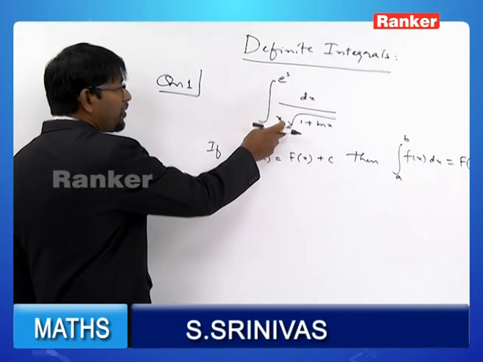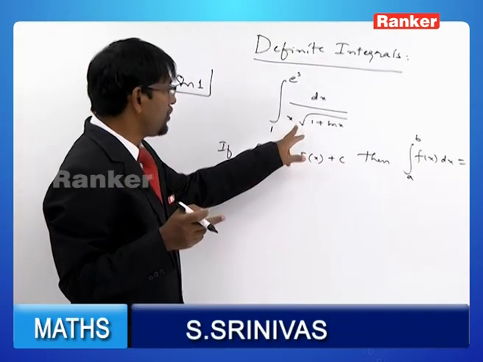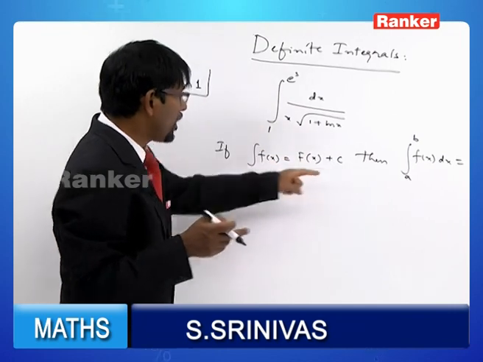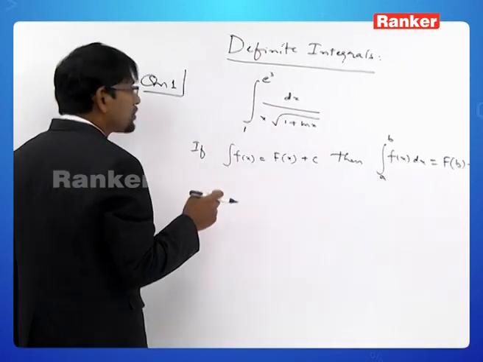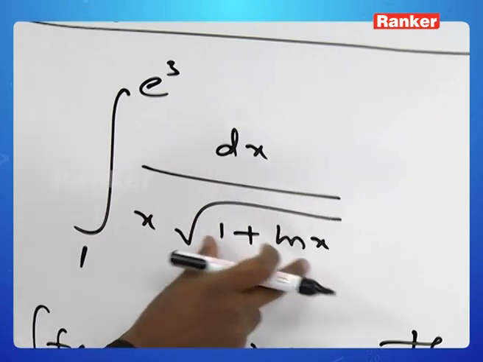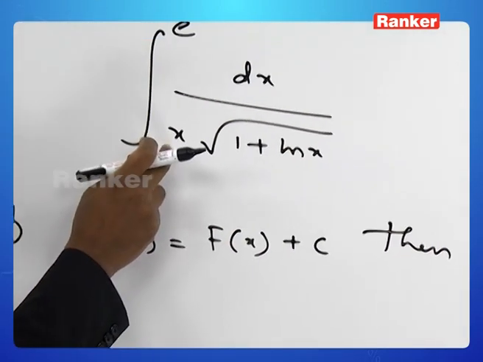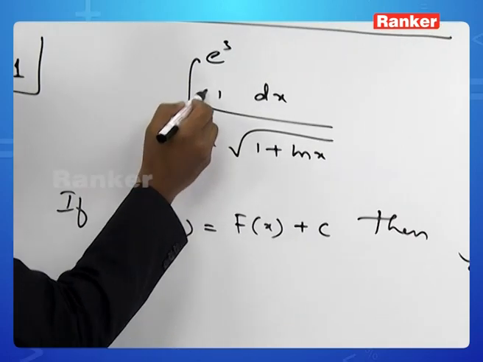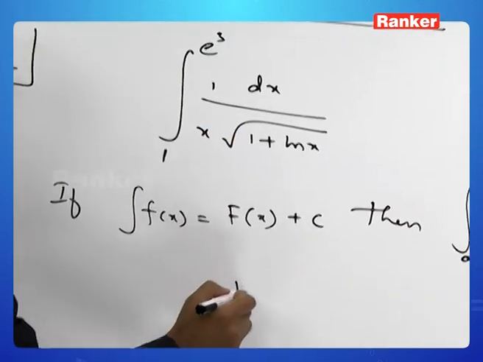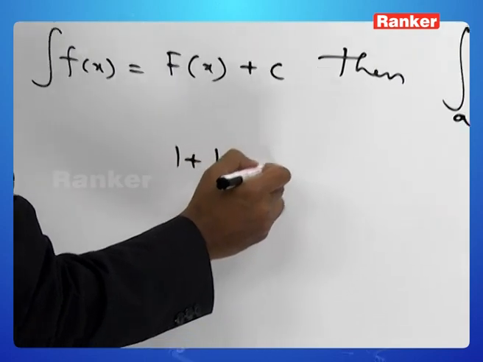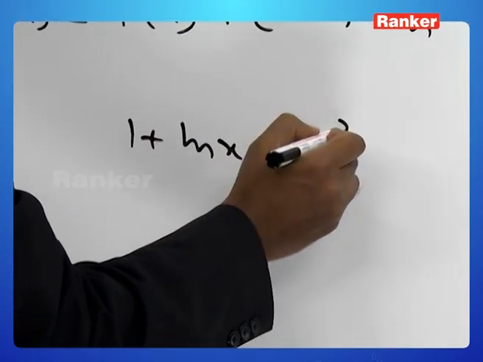So, we will first try to find the antiderivative of this function and then apply this formula. Clearly, as you can see, the derivative of 1 plus ln x is 1 by x. That 1 by x is seen here. So, we will put 1 plus ln of x as t square.